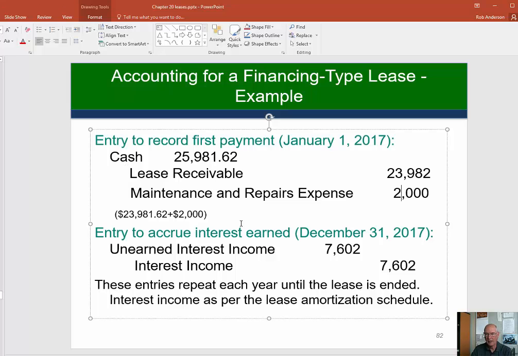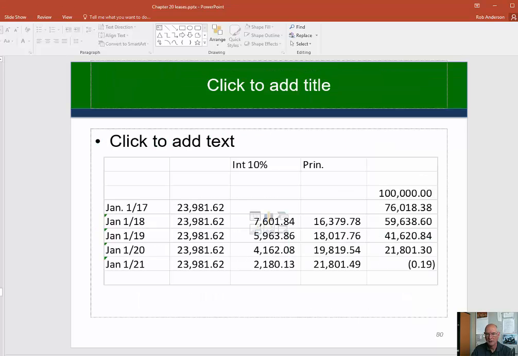And after that, every December 31, we're going to accrue interest income according to our table. And you'll notice this is 7602, so I just want to show you that table again for a moment. Here's the table, and here is our 7602, which represents interest earned for 1 year.